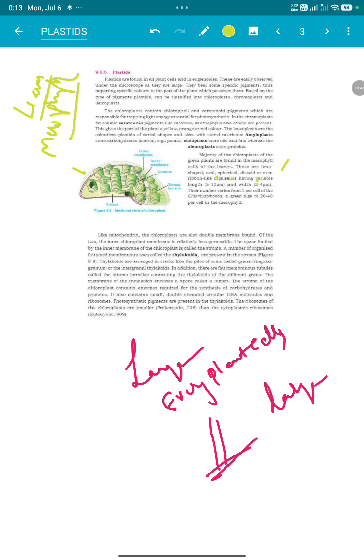The length is 5 to 10 micrometers with a width of 2 to 4 micrometers. Their number will be 1 per cell or 20 per mesophyll cell.